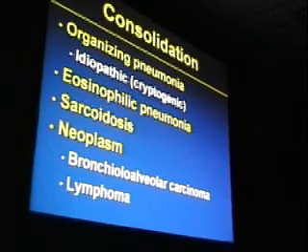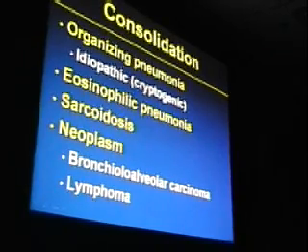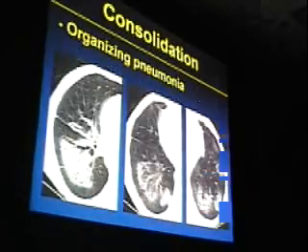It can be seen after infections and that sort of thing. Patients with eosinophilic pneumonia may come to high-resolution CT and manifest with areas of consolidation. Sarcoid sometimes has areas of consolidated opacity as well. And then a variety of neoplasms, particularly bronchoalveolar cell carcinoma and lymphoma, as you know.